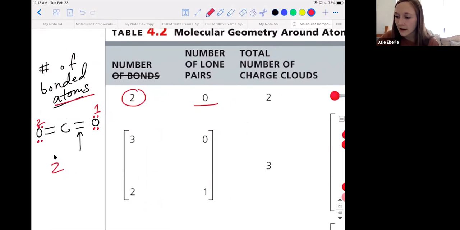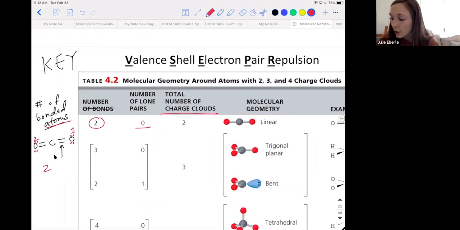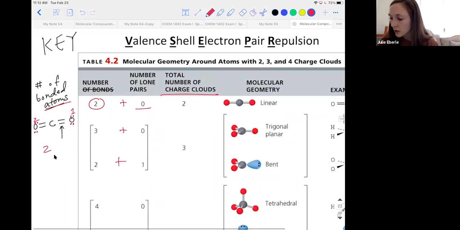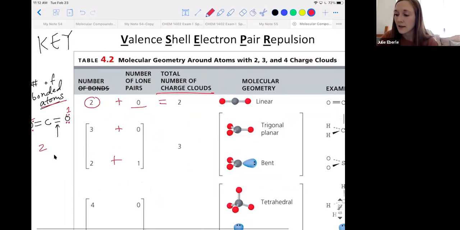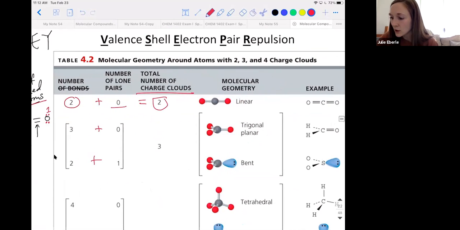If we're counting the number of lone pairs on the central atom, we get 0. So that means total charge clouds is 2 when you add these columns up. All these first 2 columns add up to give us the third column. Once we know we have 2 charge clouds, we just look straight over to the next column, and any molecule that adds up to 2 charge clouds is a linear molecule. The only way those exterior atoms can be oriented as far apart as possible is 180 degrees.